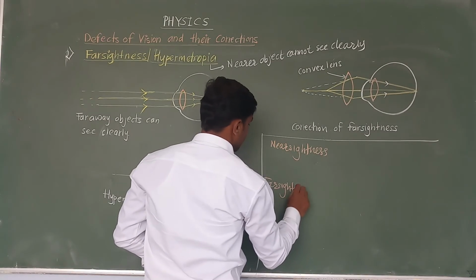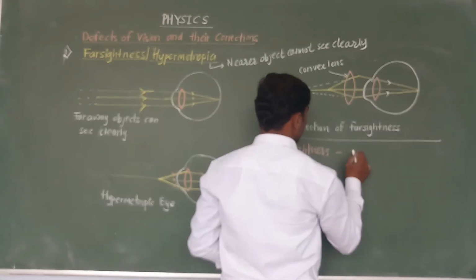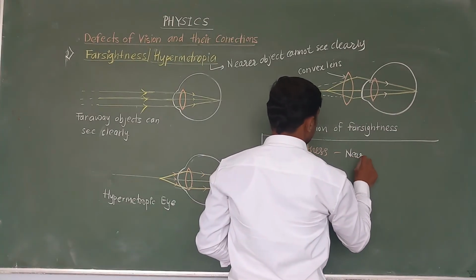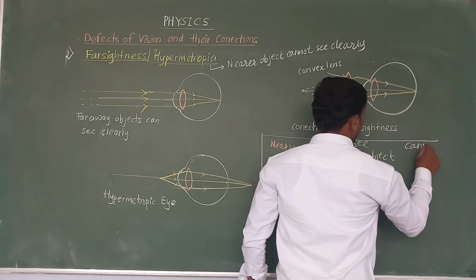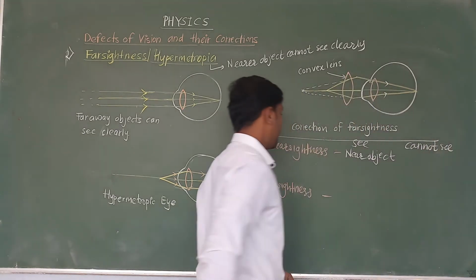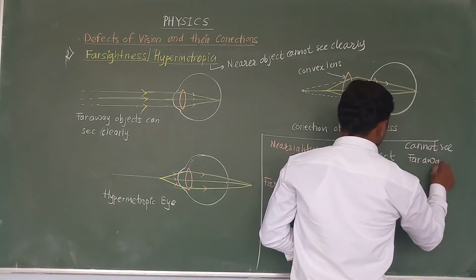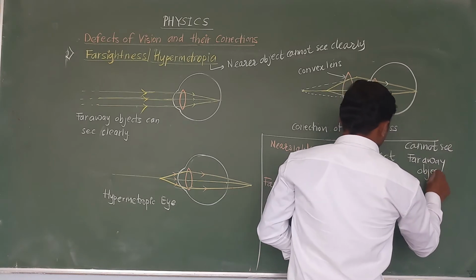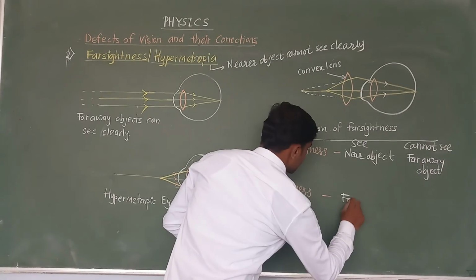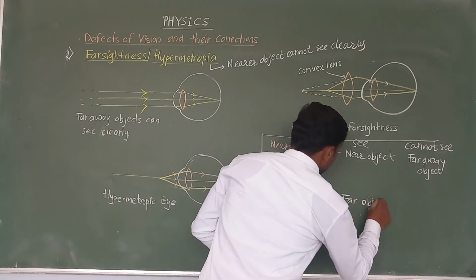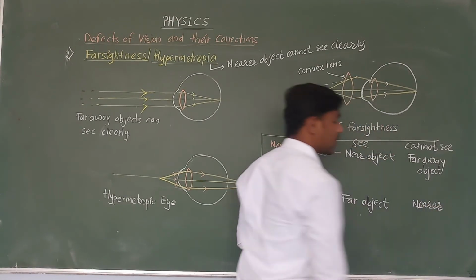In nearsightedness we can see nearer objects, but we cannot see far away objects, while in farsightedness we can clearly see far objects, while we cannot see nearer objects clearly.